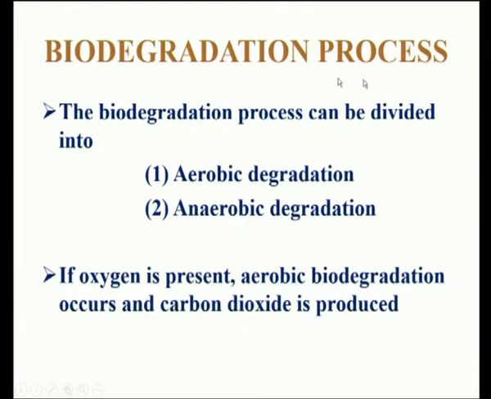The biodegradation process can be divided into two major classes: one is aerobic degradation, another is anaerobic degradation. If oxygen is present, aerobic biodegradation occurs and carbon dioxide is produced. During decomposition in the presence of oxygen, some bacteria or microorganisms will decompose the material and produce CO2 as the major product.